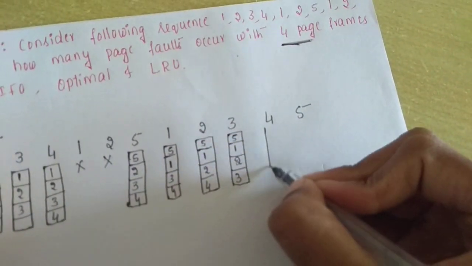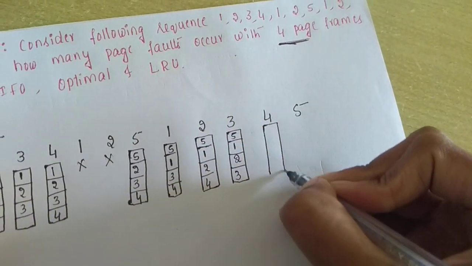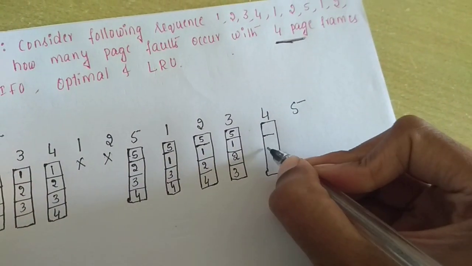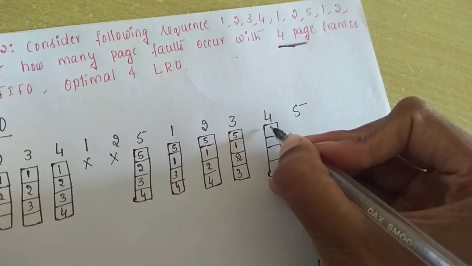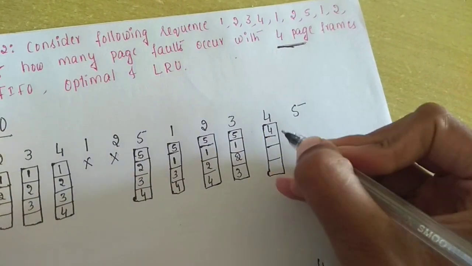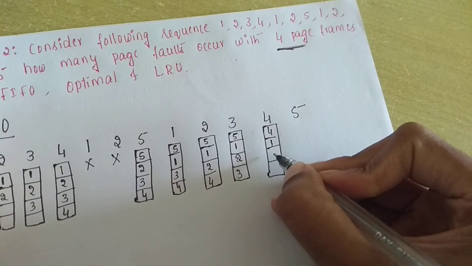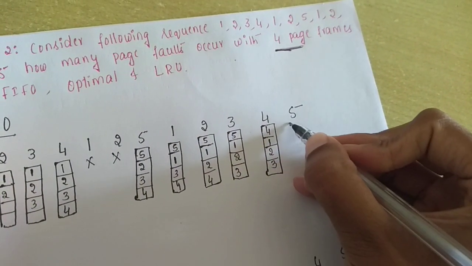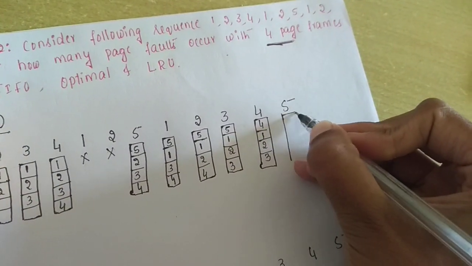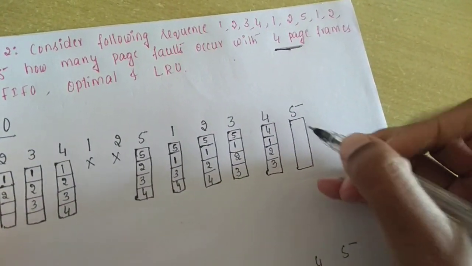Next 4 we need to insert. Which place do we select? 5 was inserted there, so 4 is replaced with 5 and the remaining as it is. Then 5 I need to insert. Which one to consider?